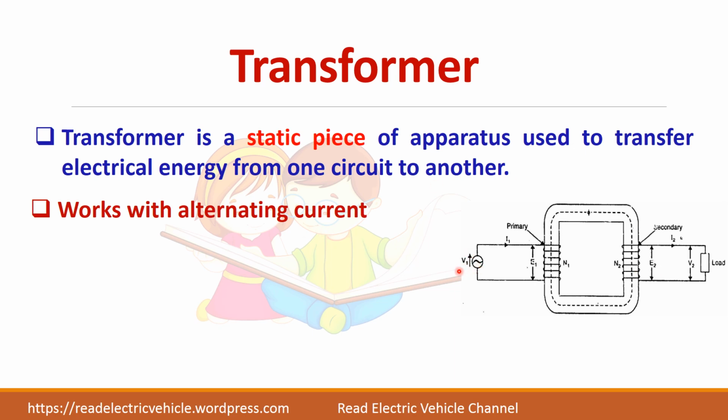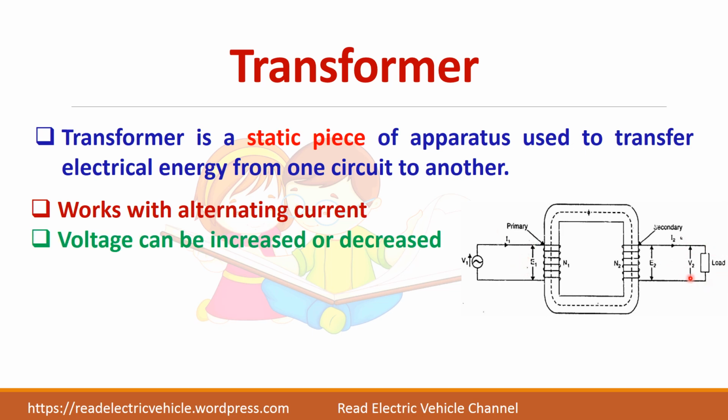So the transformer always works with alternating current, and the output voltage can be increased or decreased depending upon the requirement. So that will be decided by the transformation ratio or turns ratio of the transformer.